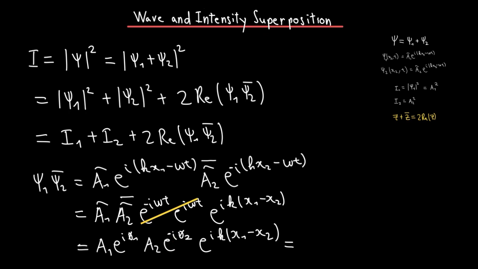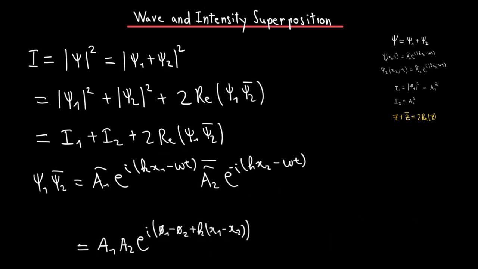And therefore we get a1 times a2 e to the i (phi1 minus phi2 plus k(x1 minus x2)). And now the real part of this whole expression is just a1 a2 times cosine of the argument, so delta phi plus k delta x.